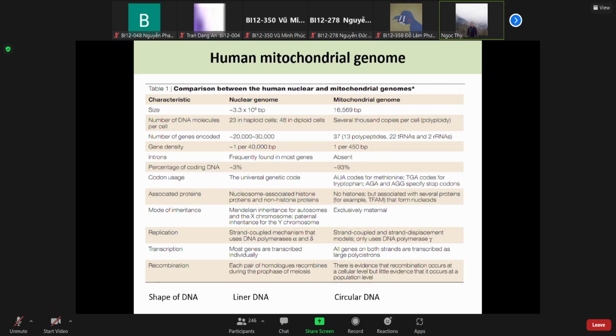In mitochondrial genomes, one mitochondrion has only one molecule of circular DNA, but one cell normally has from 4,000 to 6,000 mitochondria.